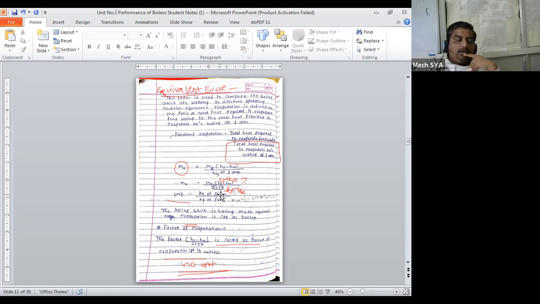So this formula is called equivalent evaporation: Me into (Hs minus Hw) divided by 2257. To compare for 1 kg specific mass, we use the term factor of evaporation, defined as the factor (Hs minus Hw) divided by 2257, and it is unitless.